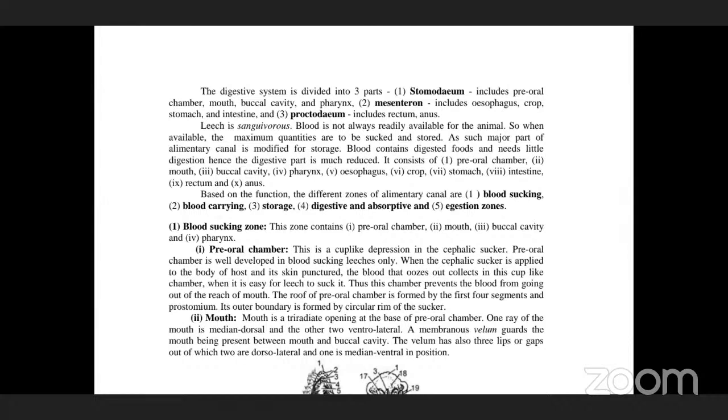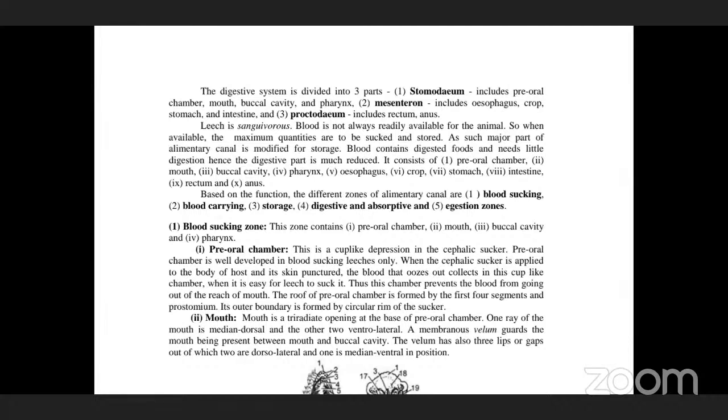Here the digestive part is reduced and the storage part is maximum. It consists of the preoral chamber, mouth, buccal cavity, pharynx, esophagus, crop, stomach, intestine, rectum, and anus. Based on function, those are the organs.